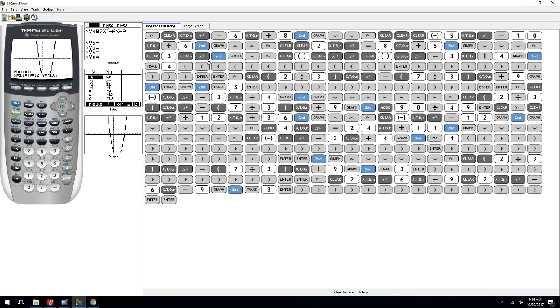Okay, let's see. I got 1.5 and negative 13.5. Do y'all get that? Okay, you do? Try it again. See if it's looking right. Yeah, all right. Second calculate.